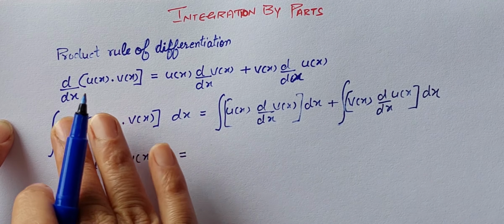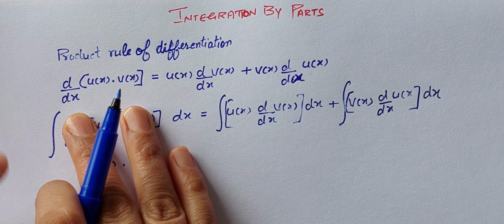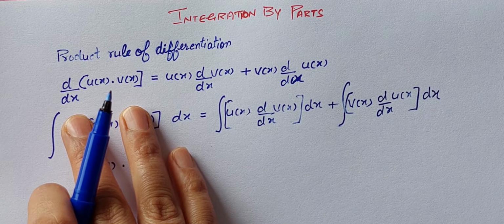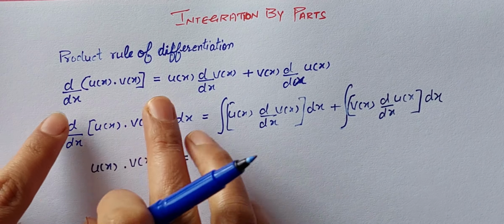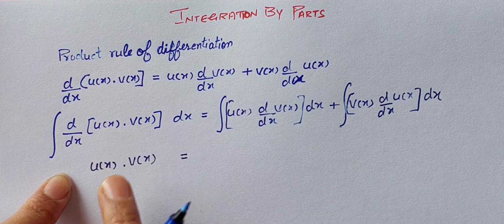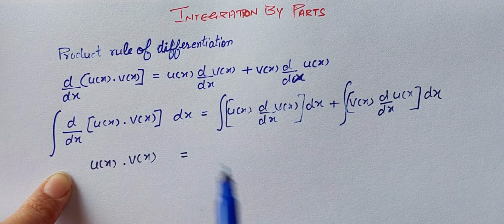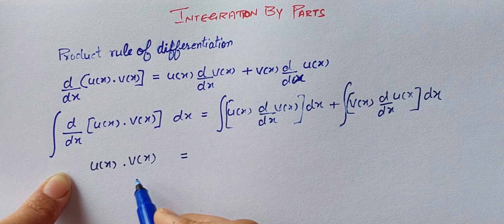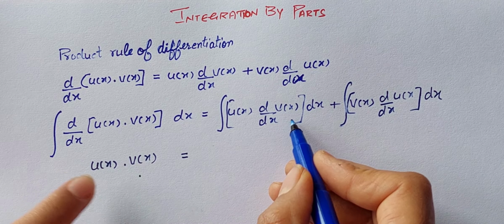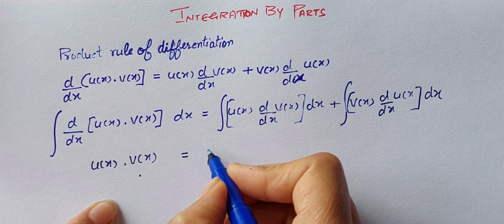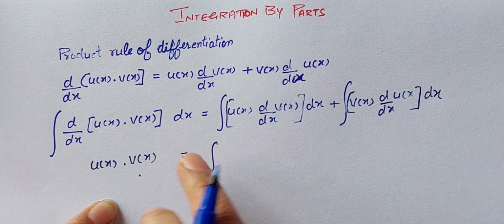So here also, if you have to find the integral of this function, then you have to find whose derivative is this function. That's quite simple here: u(x) and v(x). That's why the left hand side reduced to this, and here we can write it like this only.